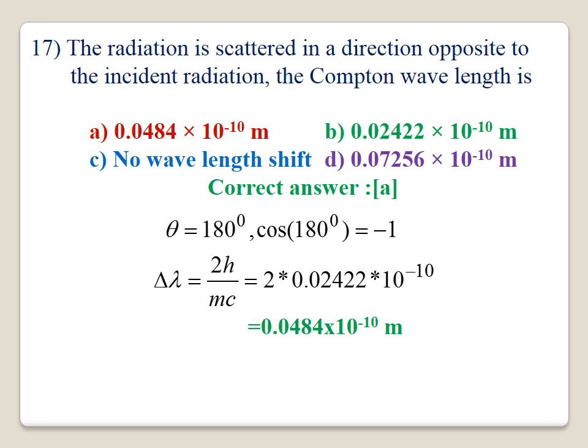You substitute the value of h by mc. The h by mc will be equal to 0.02422 into 10 to the power minus 10, and it is multiplied by 2. You will get 0.0484 into 10 to the power minus 10 meter. Option A is correct. For this question, the correct answer is A.